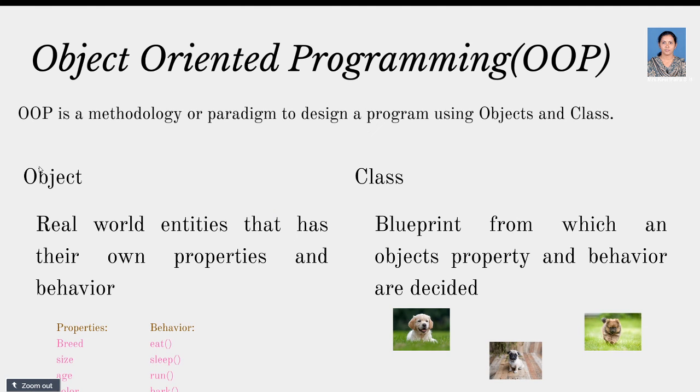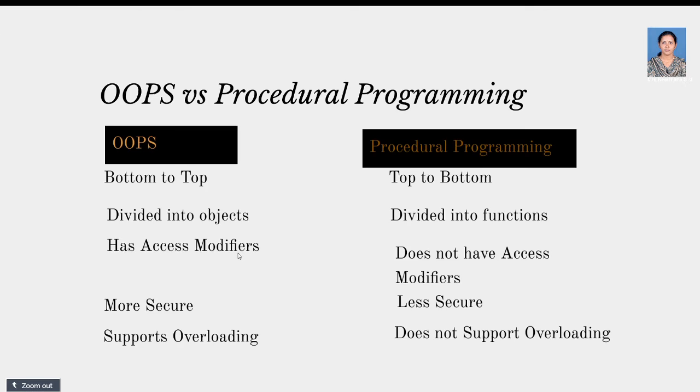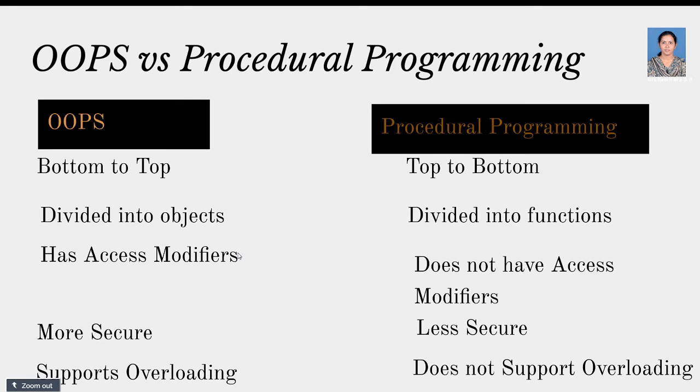And next is the difference between object-oriented programming and procedural-oriented language. First, the most important difference is that here we are going to consider only objects, whereas in the procedural programming language we are not going to consider everything as an object.